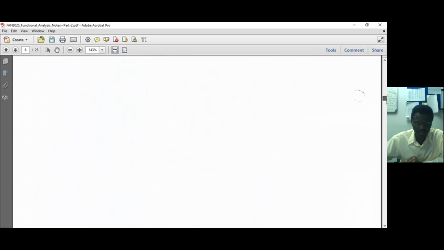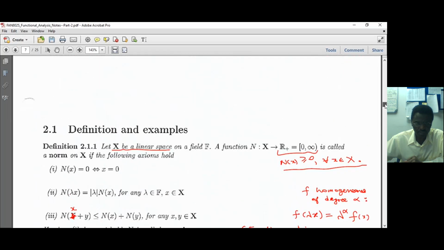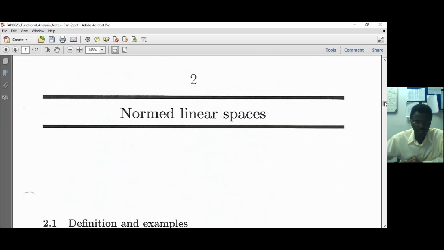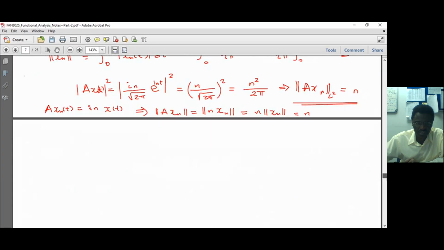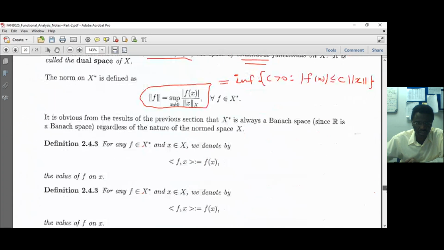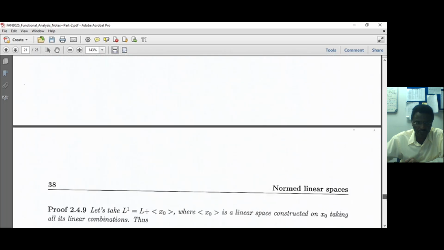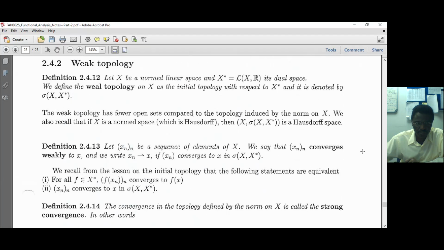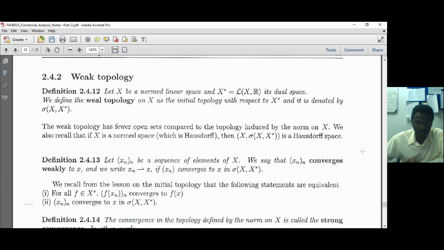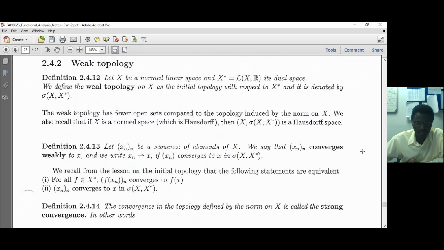Oh, it's not here. Wait. Oh, okay. Normed space. All right. Well, let me see if I can find it, it is somewhere. It would be good.